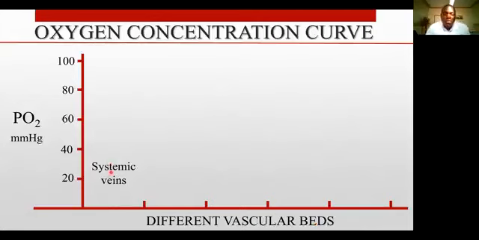When you talk of systemic veins, we are referring to veins such as the femoral vein, the inferior vena cava, the superior vena cava, those kind of veins. The concentration of oxygen in terms of partial pressure in the systemic veins is about 40 millimeters of mercury, because that is what is coming out from the capillaries.